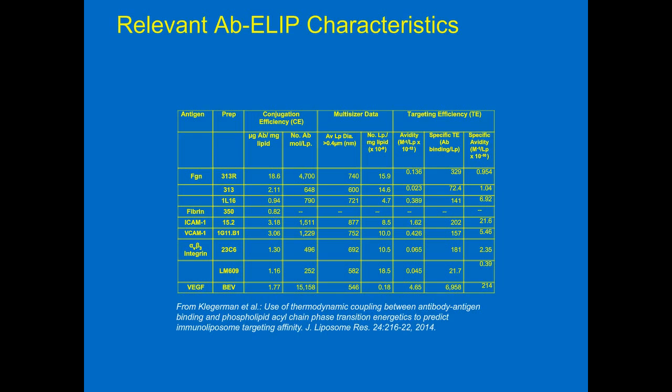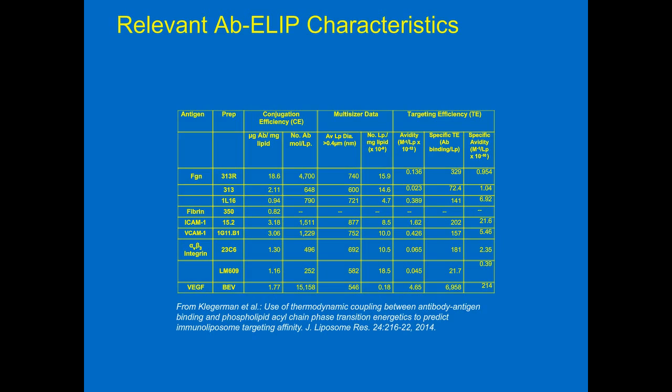Here, for the conjugation efficiency, micrograms of antibody per milligram of lipid, we have found that 10 and higher is optimal, and there's a number of these formulations that achieve that. The number of antibodies, and these are all greater than 400 nanometers in size, so that's the population we've got here.